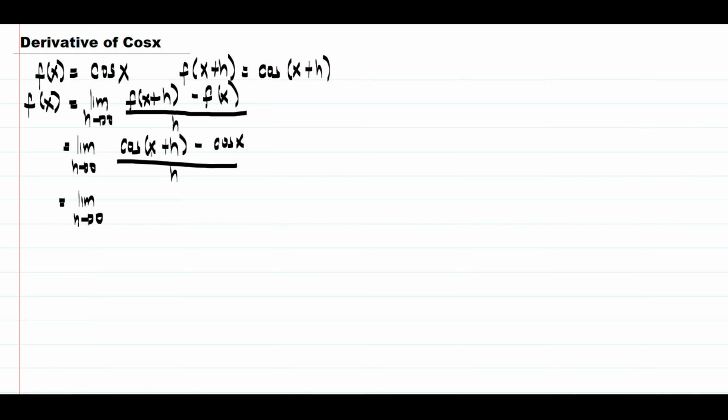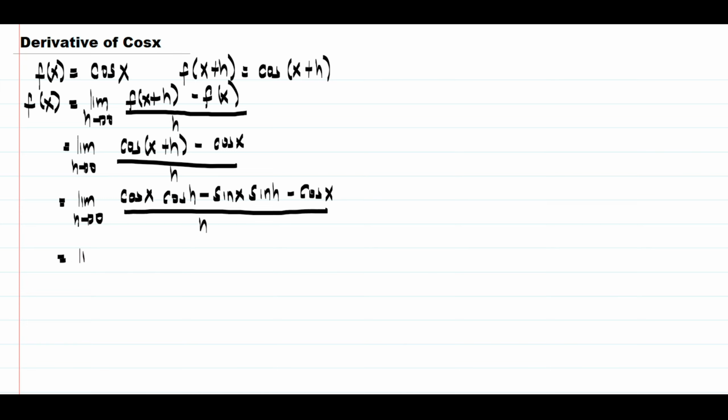Since we have cosine (x + h), we are going to use the sum identity for cosine, and that is cosine x cosine h minus sine x sine h, and let us write negative cosine x all over h.